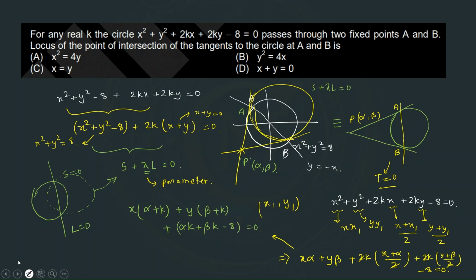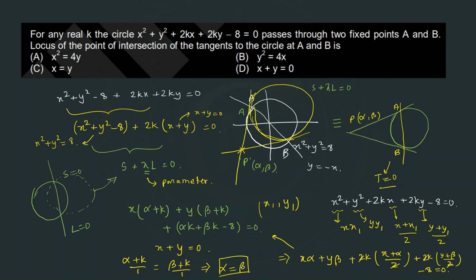And if we compare this equation with the equation x plus y equal to 0, we can say that (alpha plus k) by 1 should be equal to (beta plus k) divided by 1. So from here we get alpha is equal to beta.